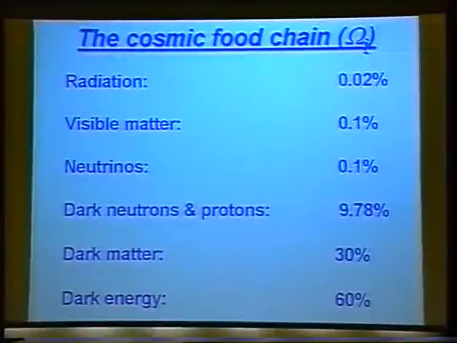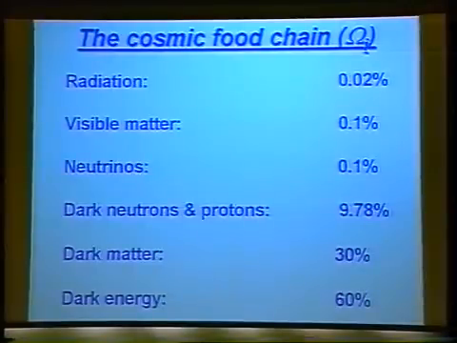So let me summarize the cosmic food chain and the contribution of radiation, visible matter, neutrinos, dark neutrons and protons, dark matter and dark energy in terms of omega. Radiation is not a very large component. It's only about 0.02%. Visible matter, the stars and things that are shining at us, is only about 0.1% of the critical density.